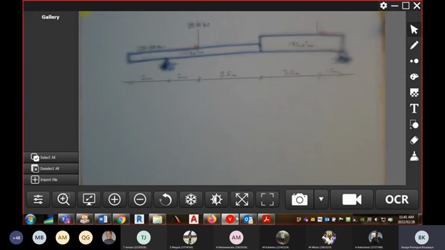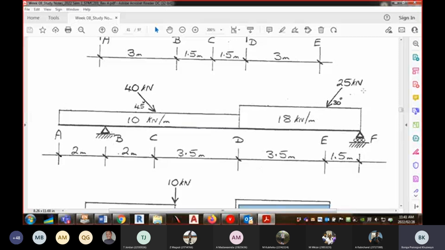Right, let's move on to the 25 kilonewton inclined point load. So the vertical component of this inclined force is 25 sine 30. So what do you get? 12.5.